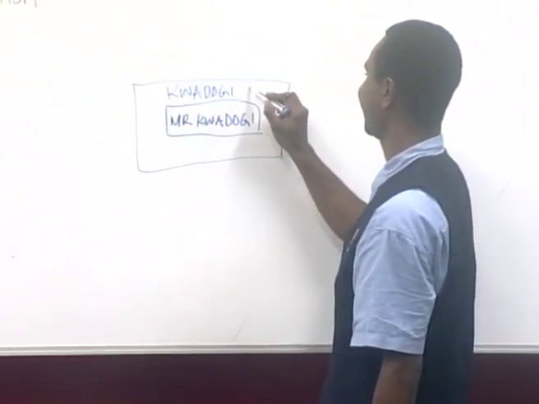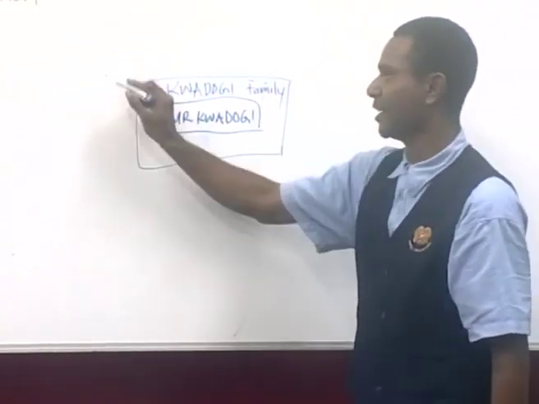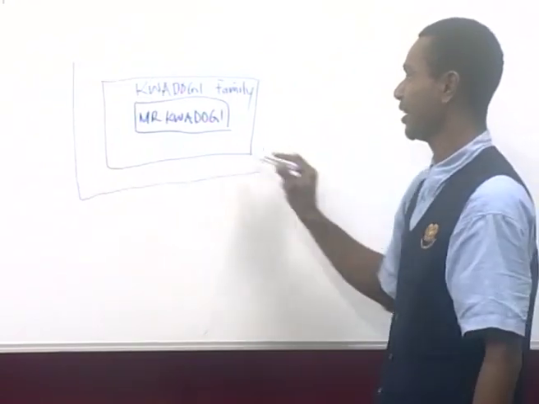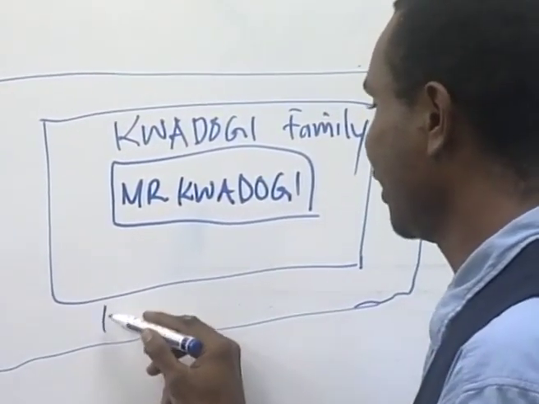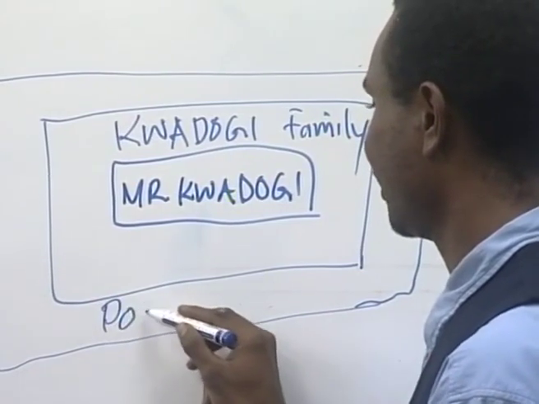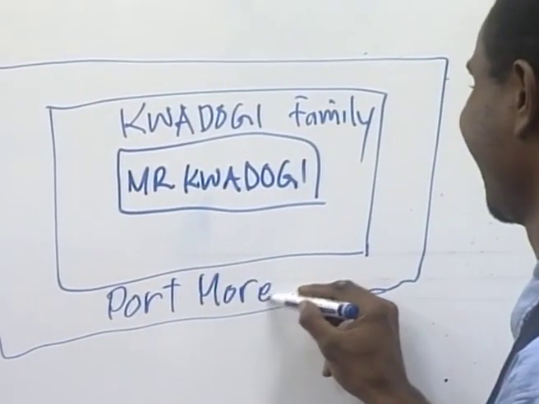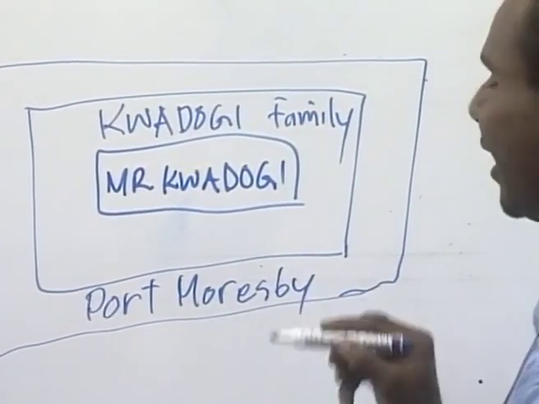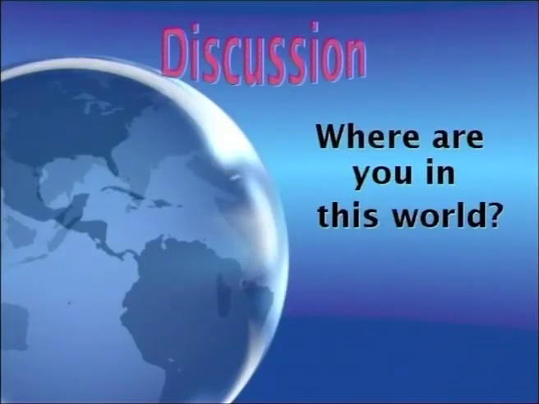Okay, my family. I live in Port Moresby. So, do you have the idea? I think you did that in your social science lesson in grade 7.